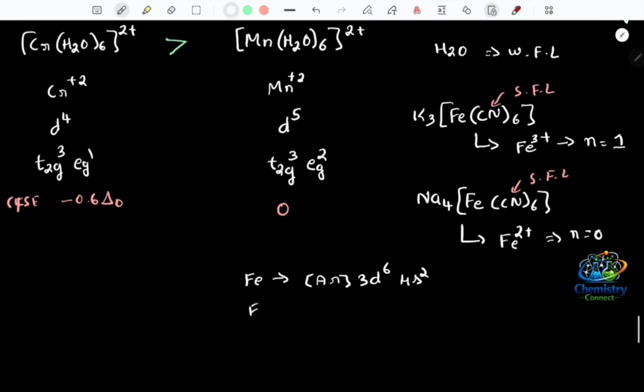If it is Fe2+, you get argon 3d6, a d6 configuration, 4s0.